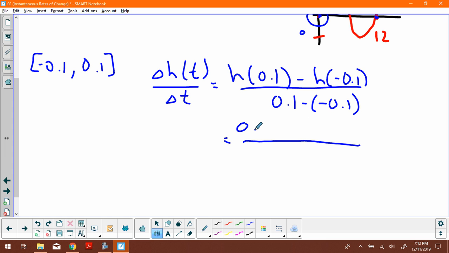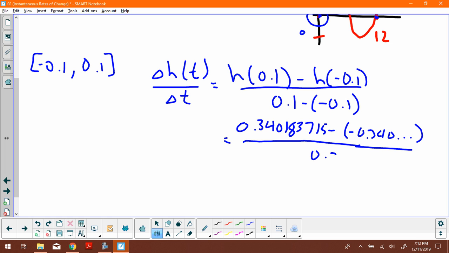So I've got 0.3440183715 minus, and actually I think when I put in the negative, I should get the same thing, just negative. Yes, negative, same decimal. 0.340 and so on. And this is over 0.2.